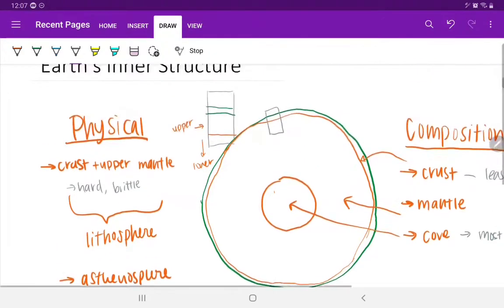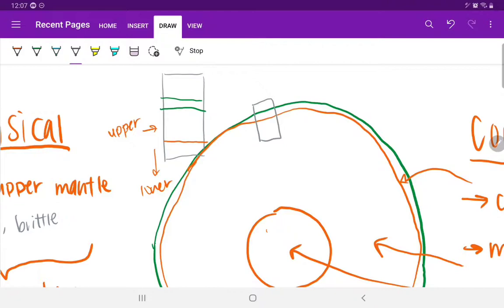And so if we go back to this little zoom in close up, the lithosphere is the first 100 kilometers. So that's the lithosphere. And then the asthenosphere extends out for 300 kilometers below it.